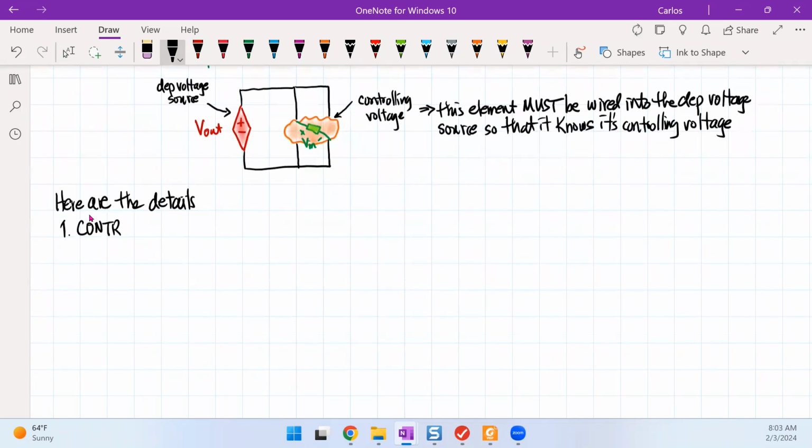So the controlling element is independent of the source.